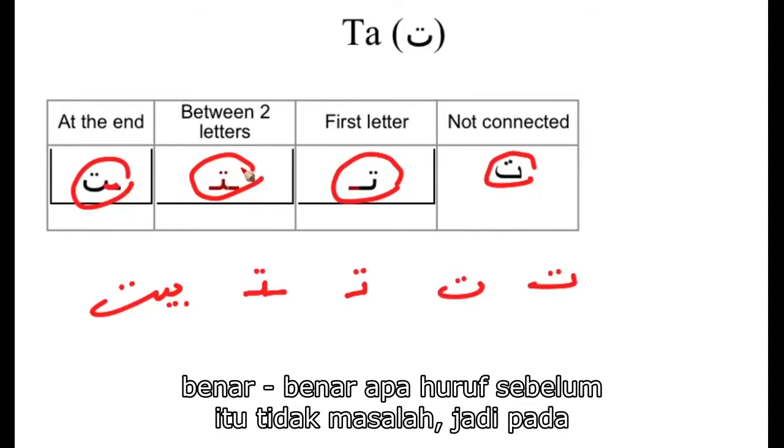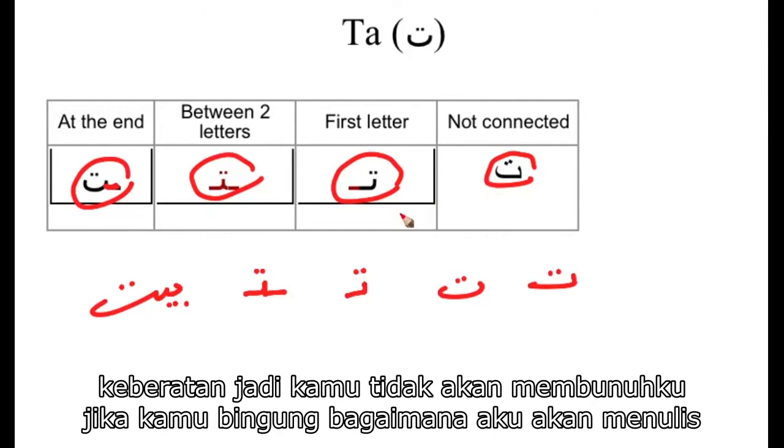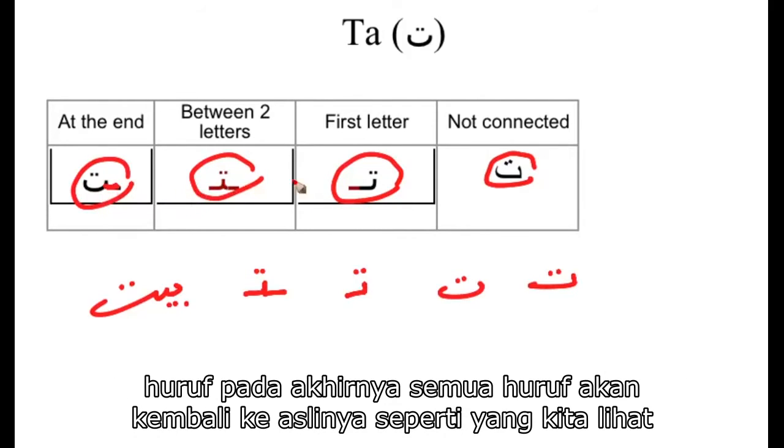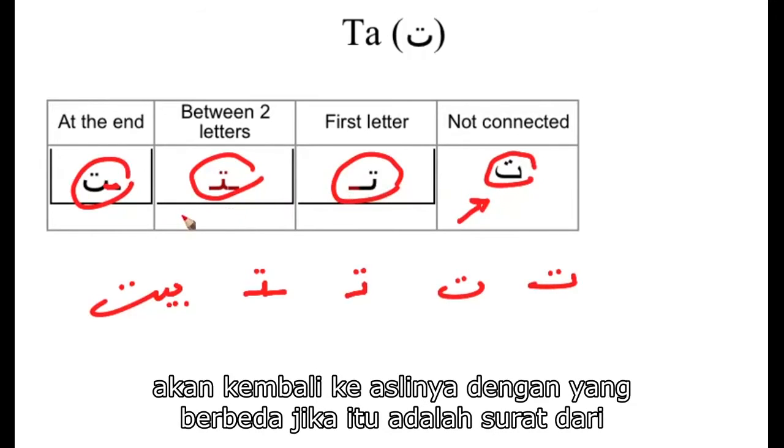At the end, all letters usually go back to the original. Keep that in mind, so you will not be confused about how I'm going to write the letter at the end. All letters will go back to the original, which is, as we see here, the original. So when the letter is at the end, it's going to go back to the original, with one difference.